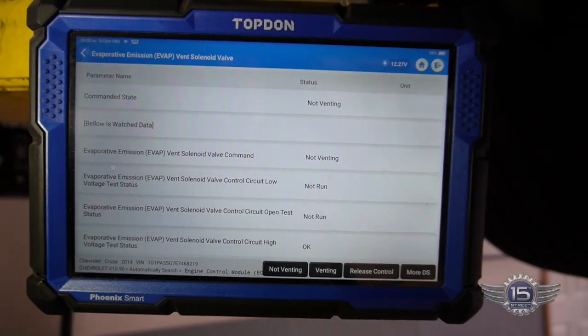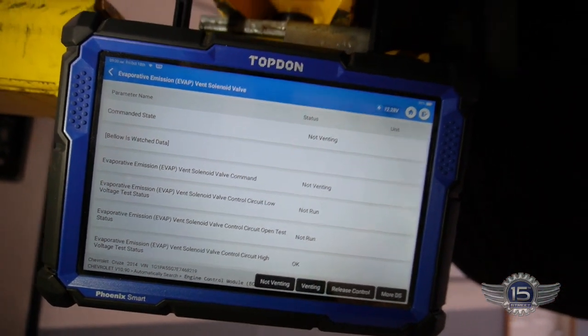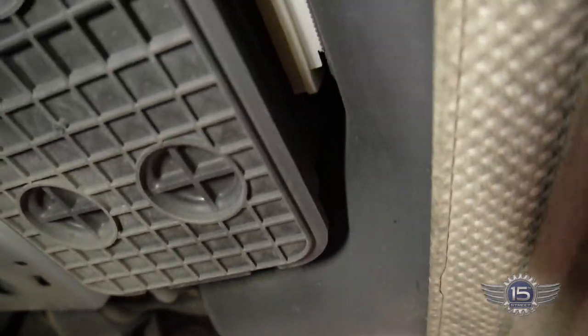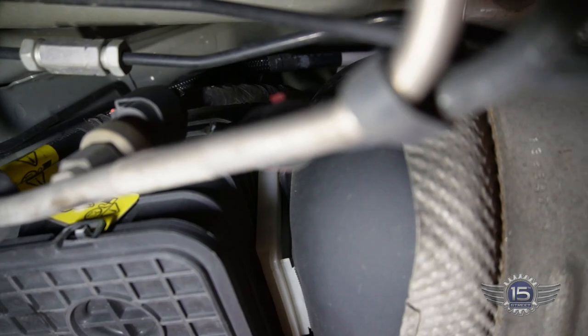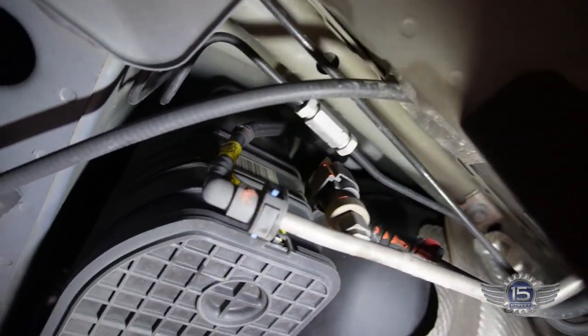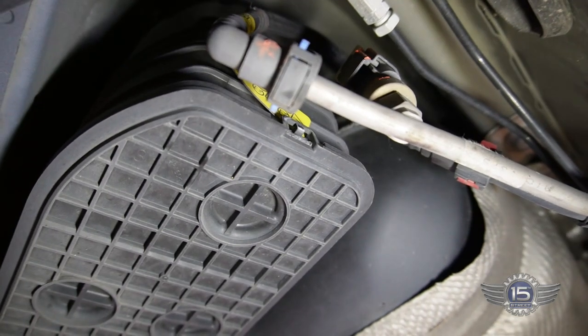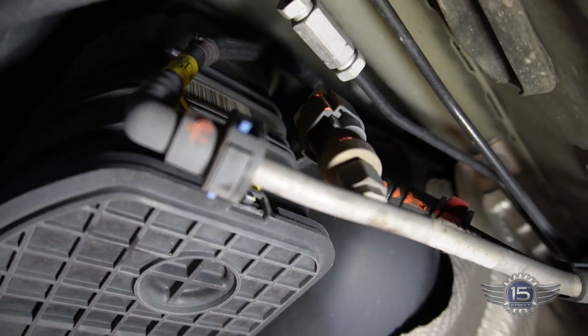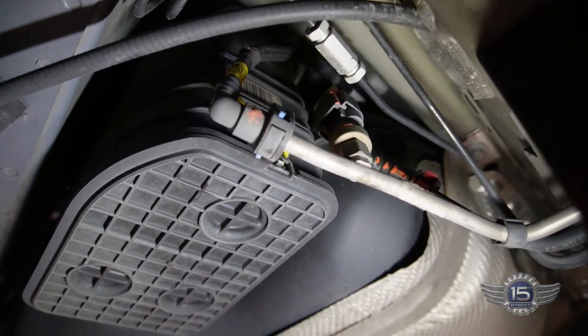And you just heard it click. So let's see if our smoke is gone. Okay, so that took care of the smoke that was escaping there. I don't see any more smoke.